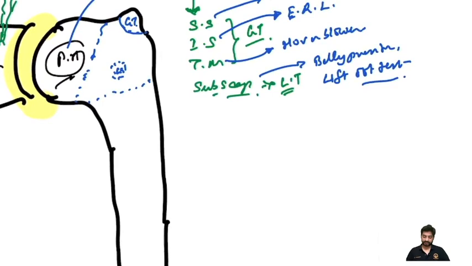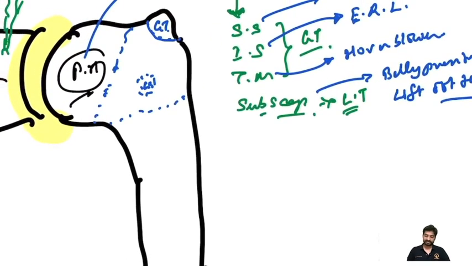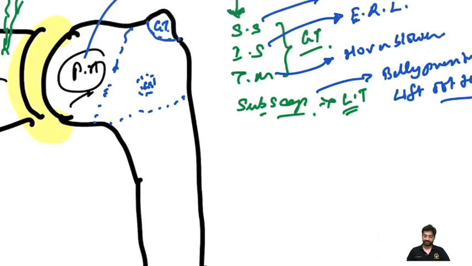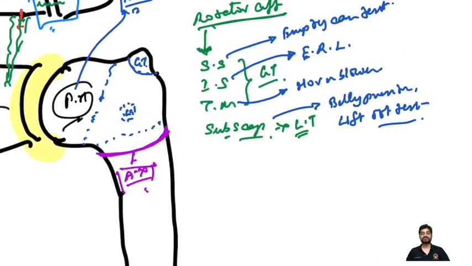So apart from this shoulder joint, let's move to your important nerves. Just along with the surgical neck, one important nerve is winding around, named your axillary nerve. In case of surgical neck humerus fracture, there is axillary nerve damage.